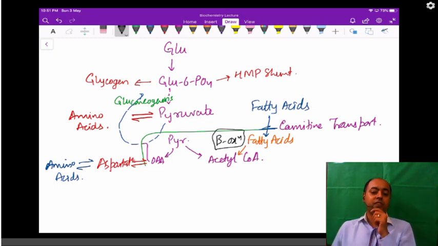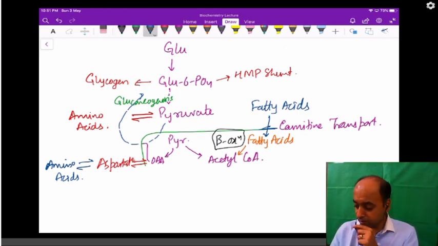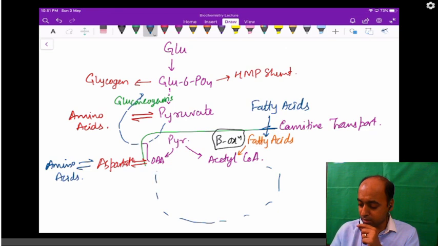This acetyl coenzyme A subsequently gets metabolized via the Krebs cycle.